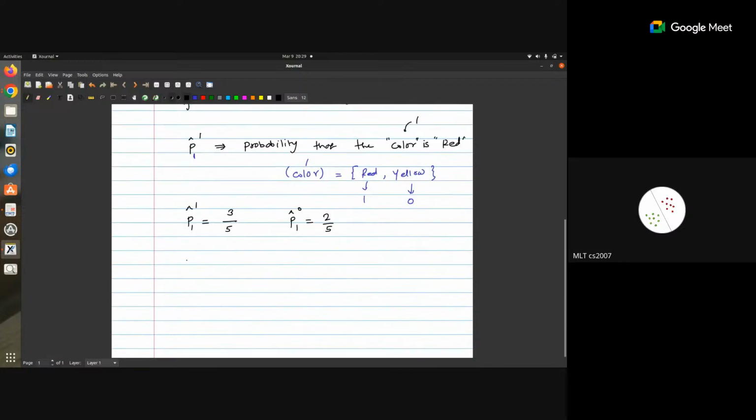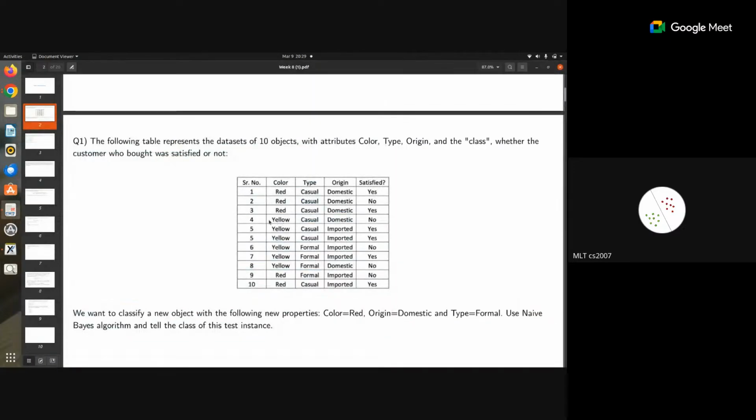Correct. Similarly, what is the probability that color is yellow in the jth feature, that is the first feature? So how many yellows are there when yes is there? For yes, you can see that here this is yellow 1, here it is 2, it is 2, right?